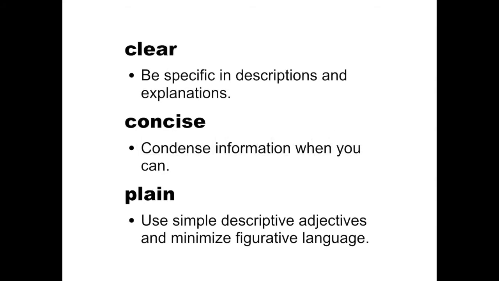In an APA paper, the objective is to be clear, concise, and to use plain language. So we want to make sure that when we write an APA paper that it is easy to understand. We do not want to use esoteric language, that is, language that is difficult to understand.